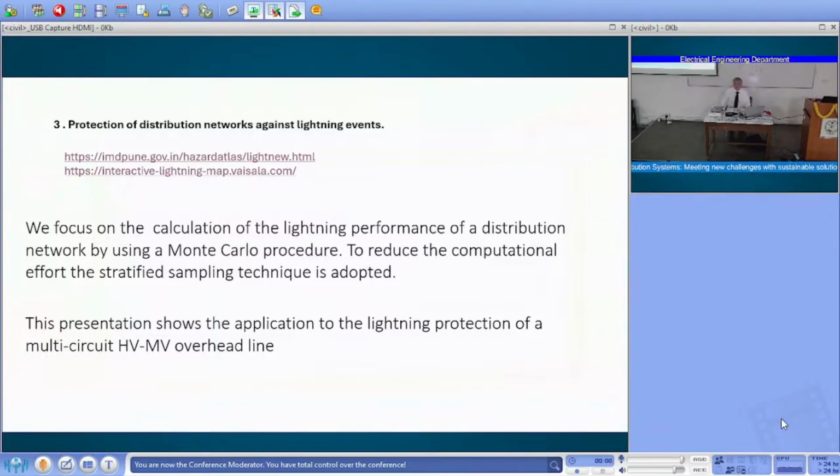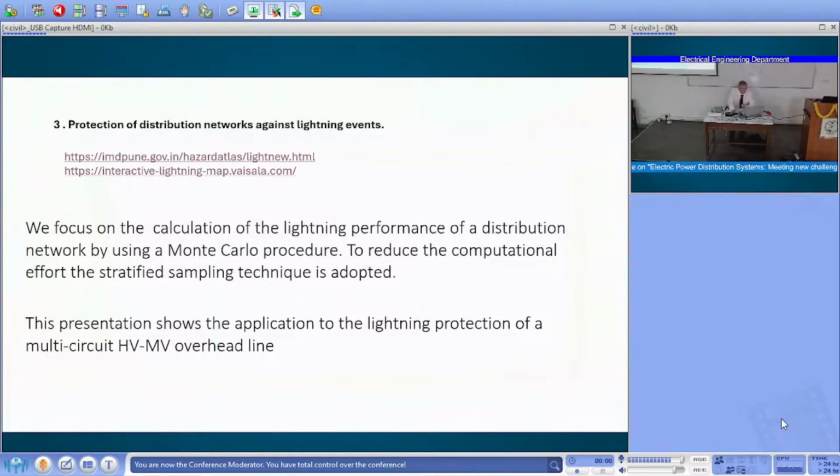So faults in the network per year. So we can say the probability, or the estimate, of having a fault per year in that network.